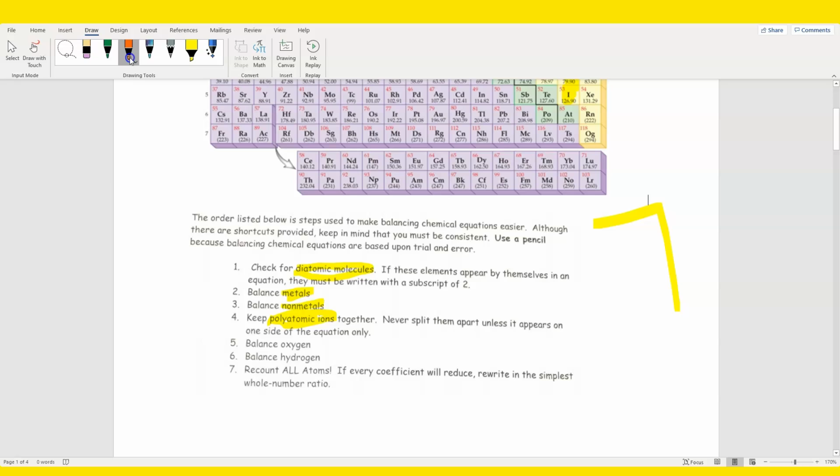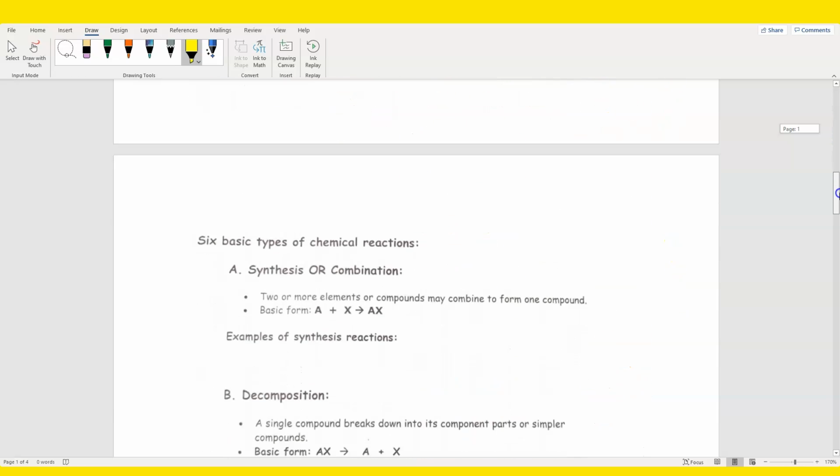If I gave you within your balanced equation magnesium hydroxide, you do not want to separate the O from the H. You want to keep the O and the H together as one unit, like you would magnesium as one unit, okay? The next element that you will balance will be your oxygens, followed by your hydrogens and any other elements that you did not balance. Now, none of this is going to make sense until you actually do it. So we're going to explain all of that as we go by and do these examples.